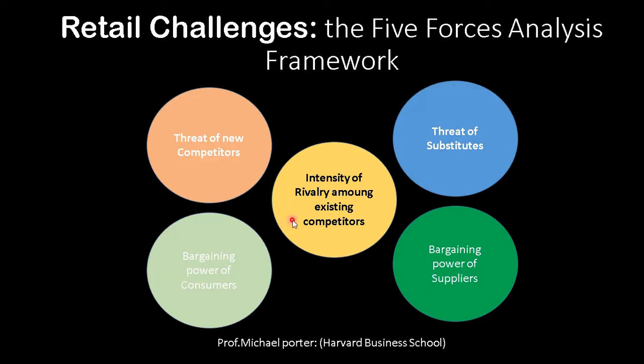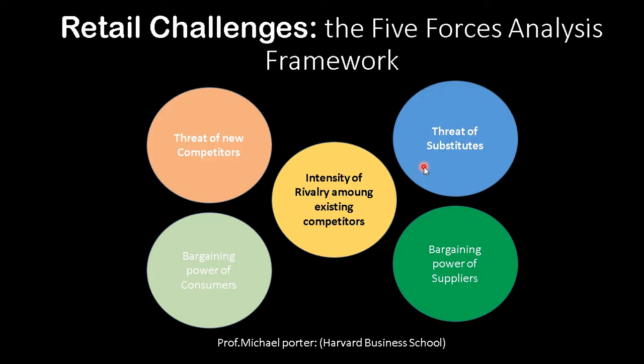Intensity of rivalry among existing competitors, we see that usually in more mature markets where there is a lot of offering and not a lot of demand, so competitors will try every single element that they have to differentiate themselves from others.